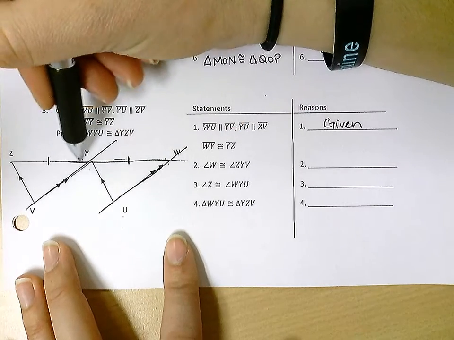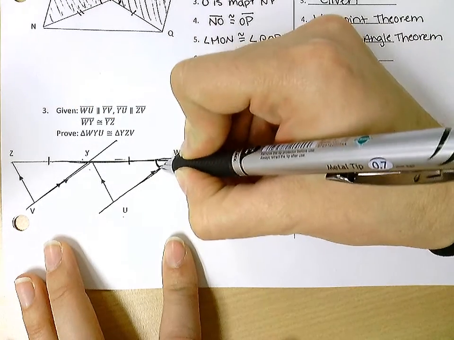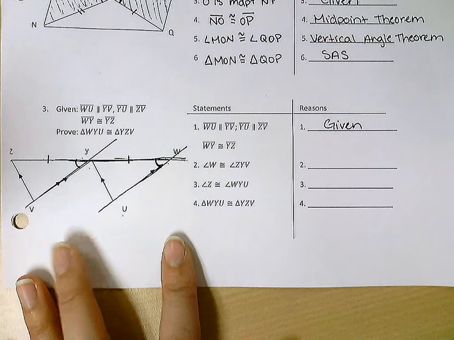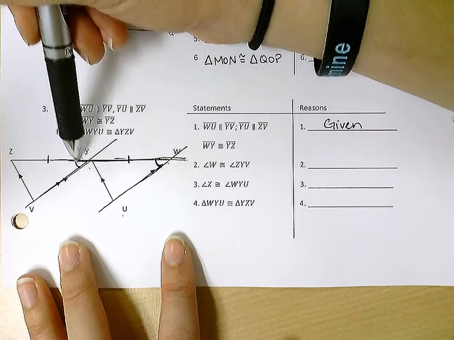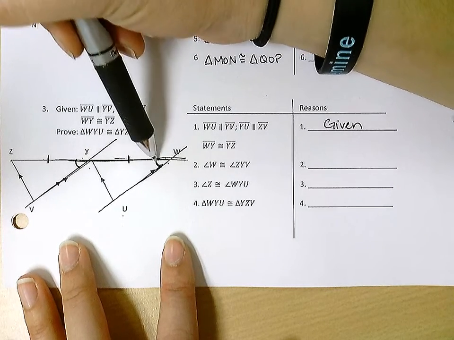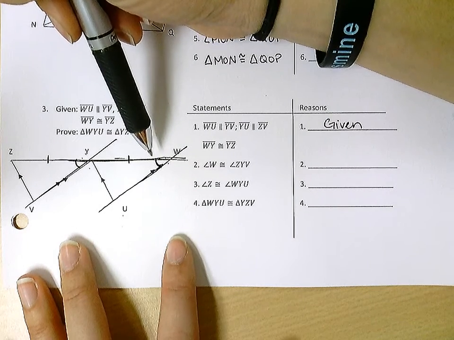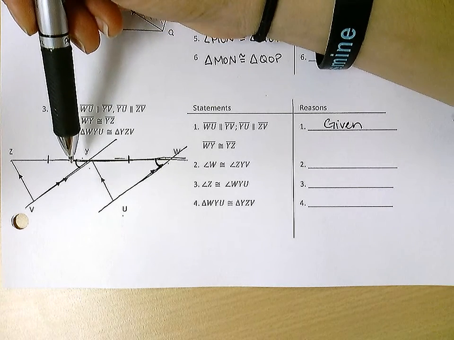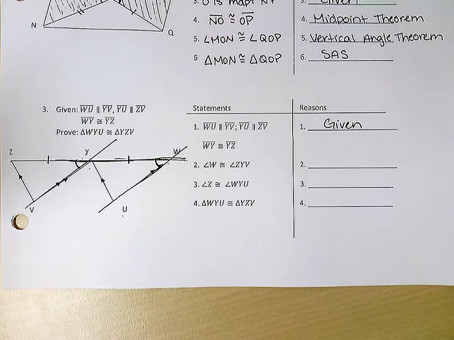So here, looking at my transversal, that transversal hits this angle here and this angle here. Okay, so with my parallel lines and that transversal, do you remember what angle pair that is? It's not alternate interior this time. It's not consecutive interior. They're corresponding angles.